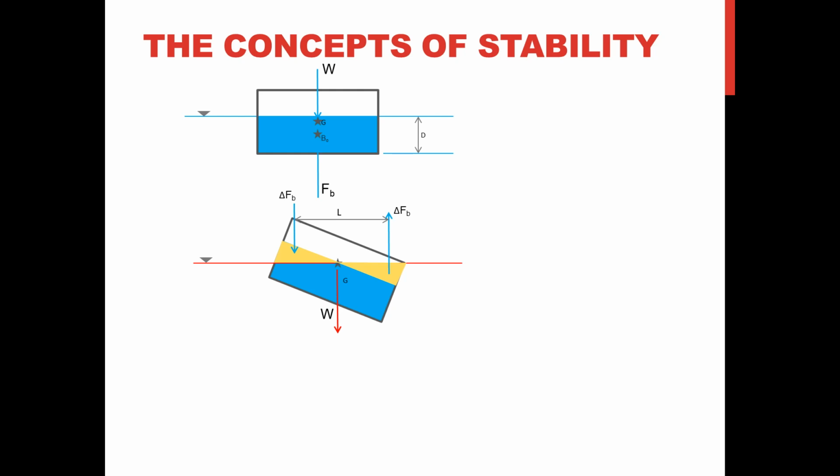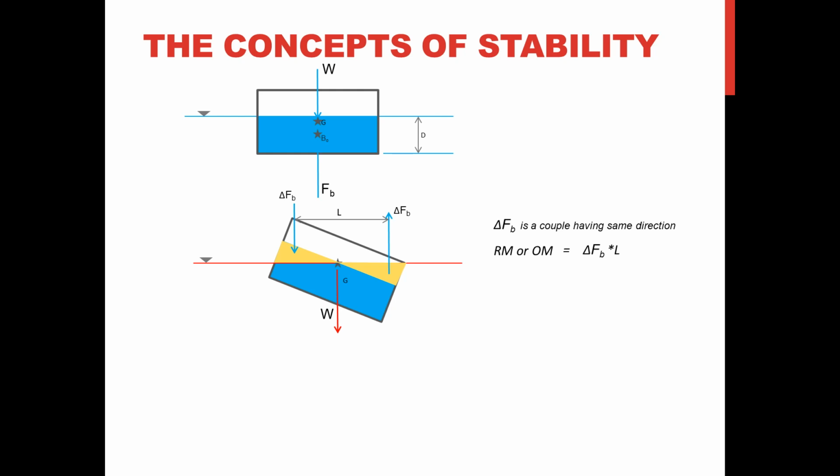Notice that both of these delta or additional buoyant forces come along with the same direction, and that is counterclockwise in this case. So these two additional buoyant forces would form a couple having the same direction, whether it is a righting moment or an overturning moment.